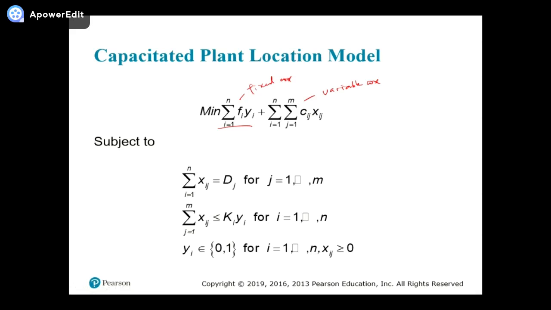Then we need to ensure a few constraints are satisfied. One is that all the demands should be satisfied.